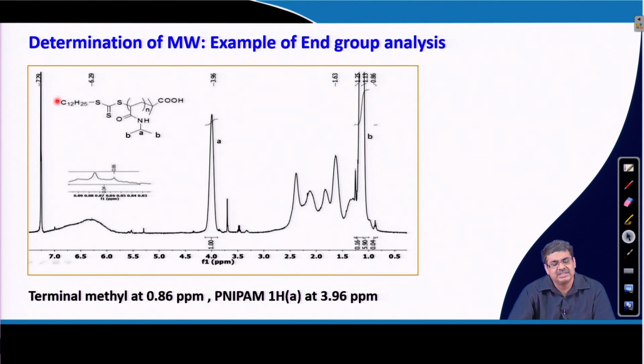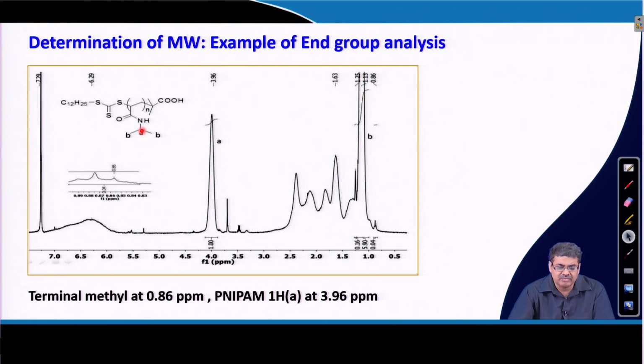So, at the end it will be CH3. Now, that peak comes here and it has an intensity of 0.04. The end CH3 has 3 protons. So, that corresponds to a value of intensity 0.04, whereas each repeating unit has one such A proton.